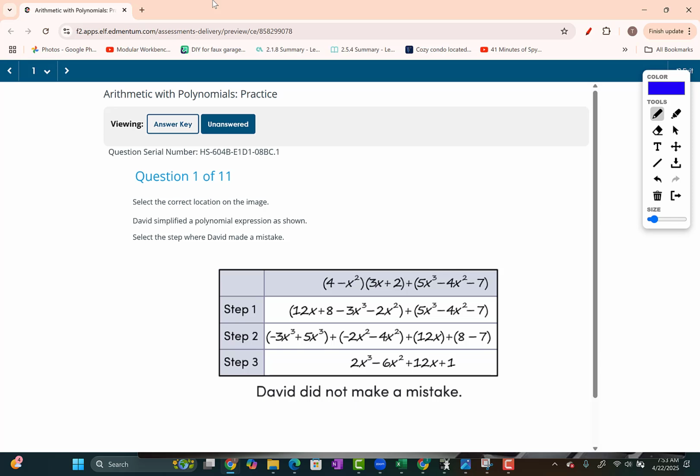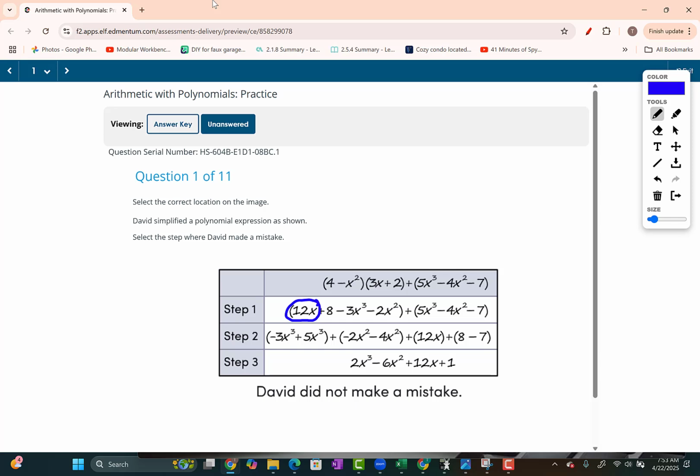And then all they did was bring down the trinomial below. They didn't change anything with that. And then from there, now we're going to add the like terms together. So the like terms, I've got a 12x. Are there any other terms with just an x in this problem?